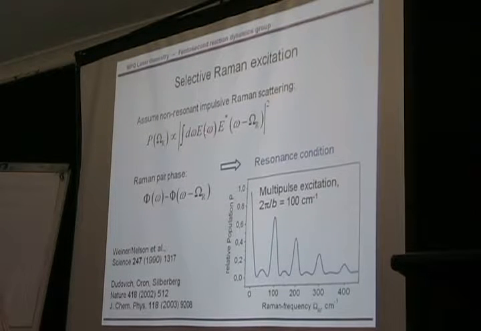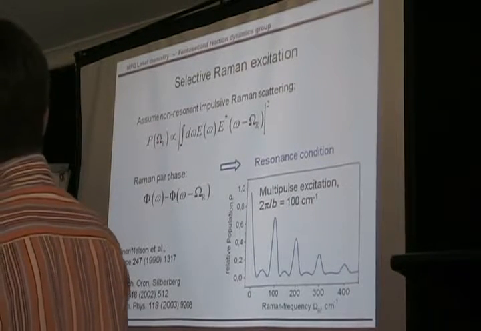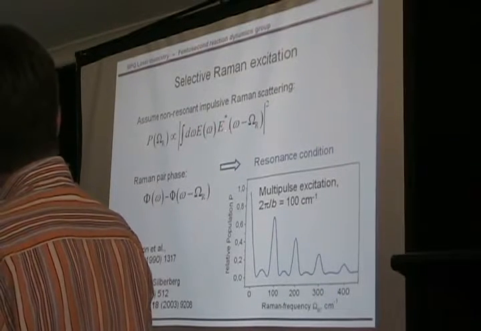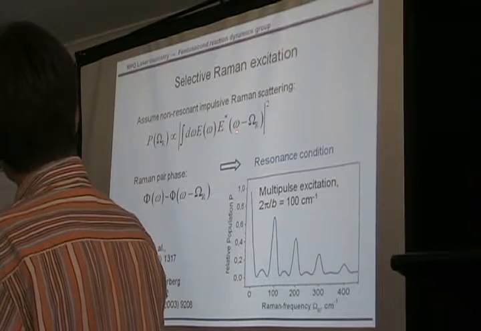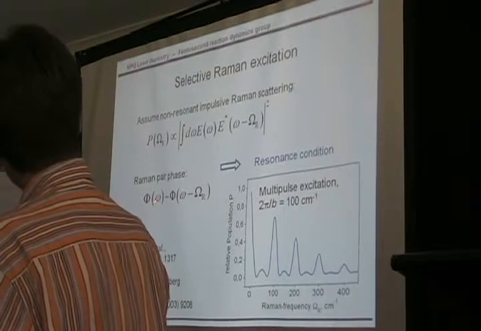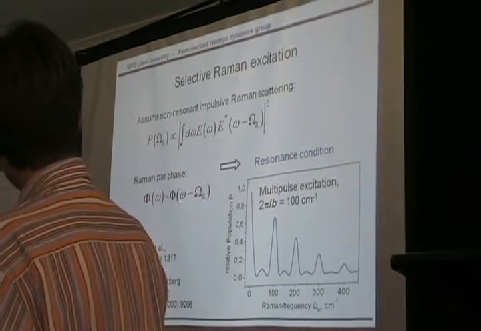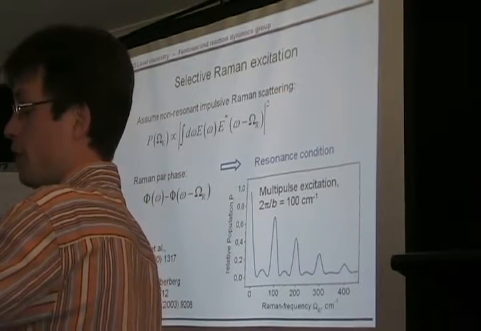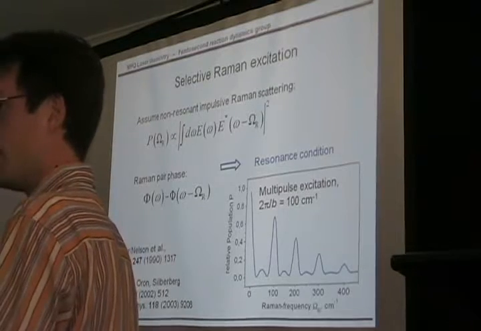Then you have the excitation probability for a certain omega Rabi, so a certain Raman state. That's proportional to this integral, and when you integrate over these two electric fields, you now have a phase that is a Raman pair phase. So you have one pulse going up, and then another part of the pulse going down to the Raman level.